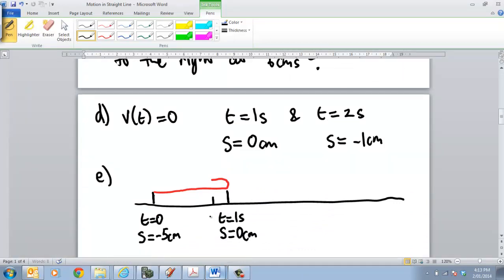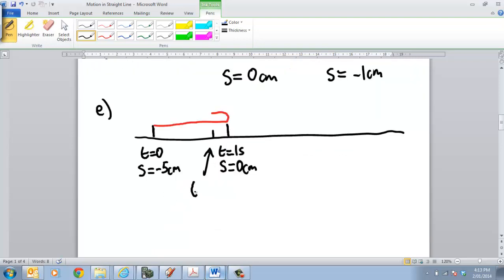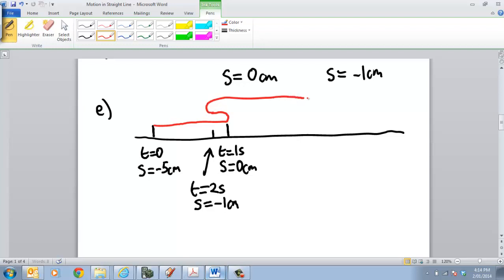So at t equals 2 seconds, it's actually at a distance of -1 centimetre. And then it changes direction again, and it goes off in that direction forever. So we need to put arrows there to show the direction of what's actually going on.